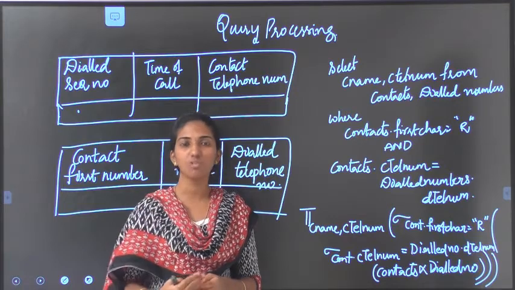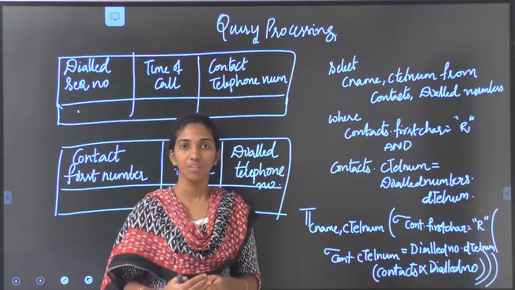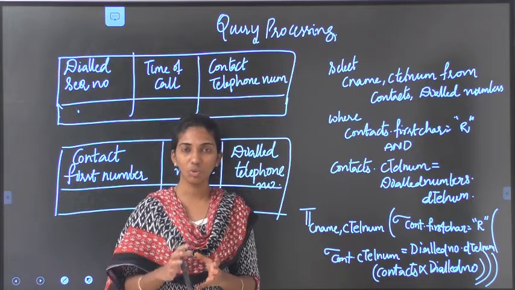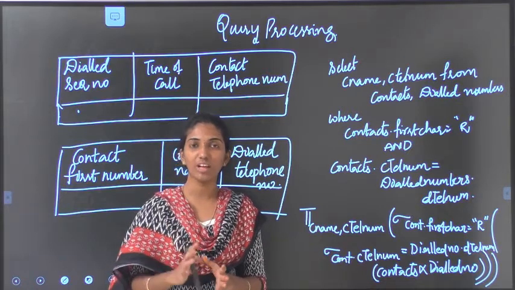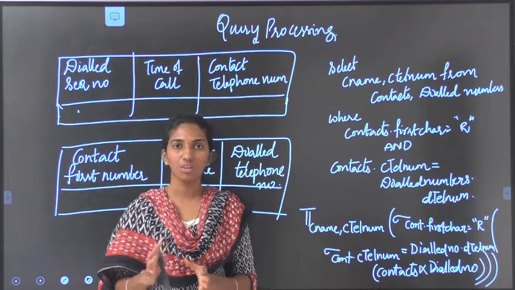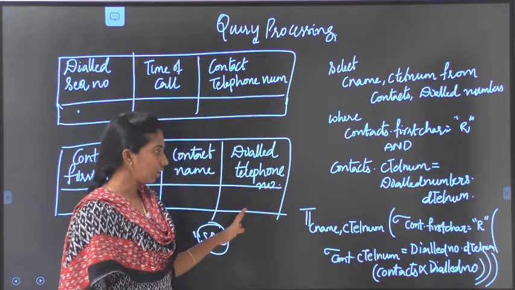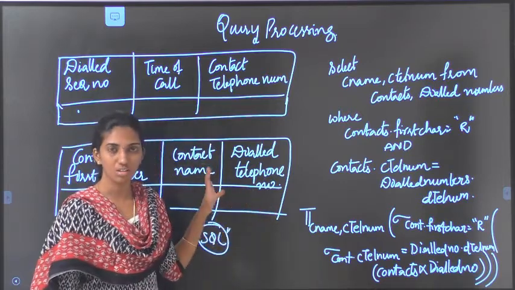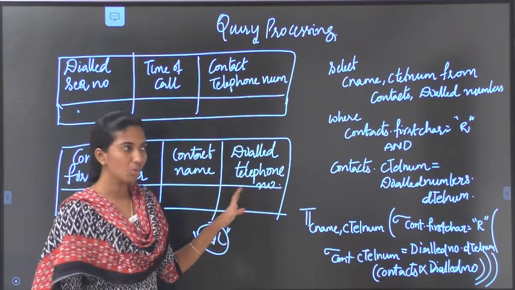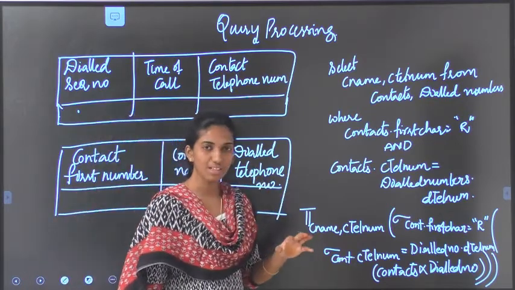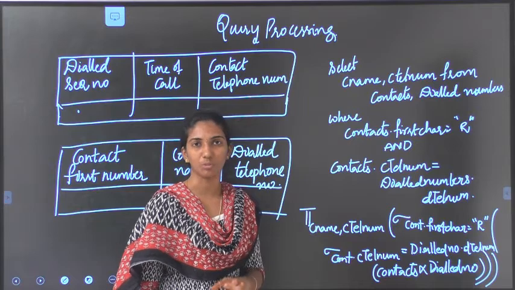So internally, how is it connected? Internally it gets converted into relational algebraic expressions. In this topic we are going to deal with how a query is processed using simple SQL as well as relational algebraic expressions.